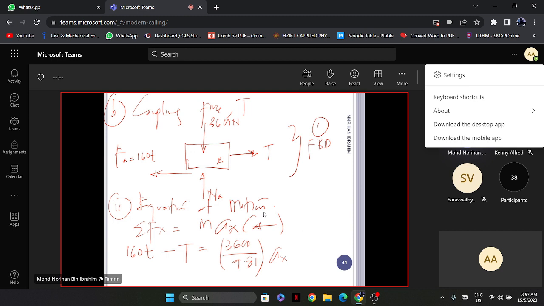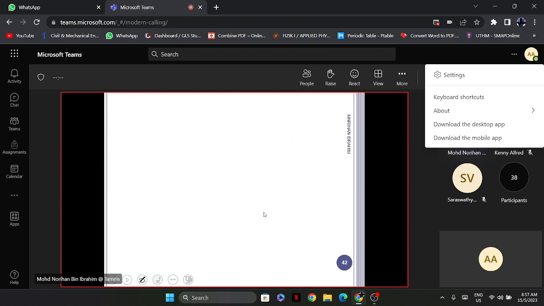And we know from the previous step that a_x is equal to a, which is 0.221 t. So we can directly substitute into this equation as well. So 160t minus T is equal to 3600 divided by 9.81 multiplied with 0.221 t.